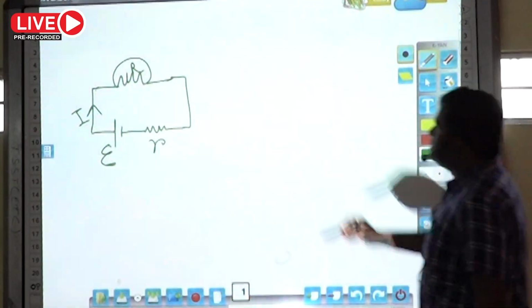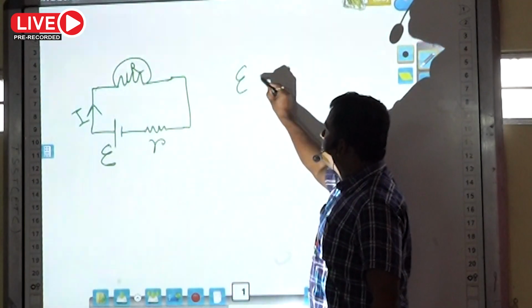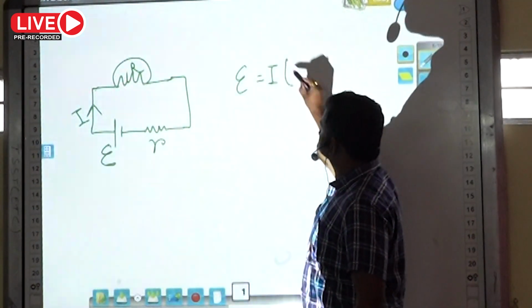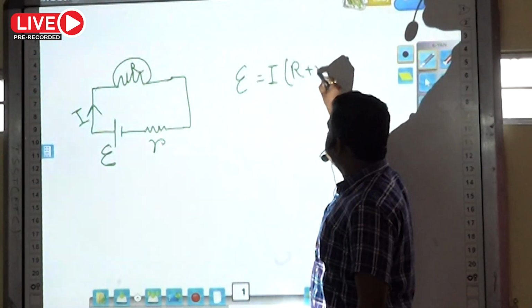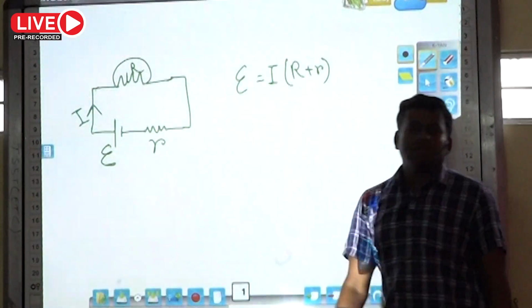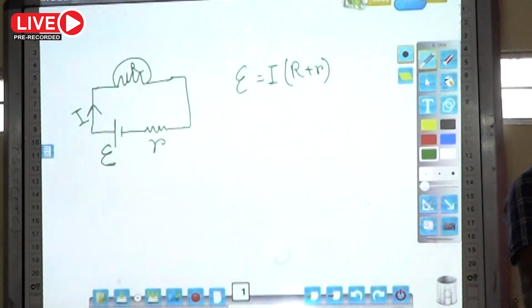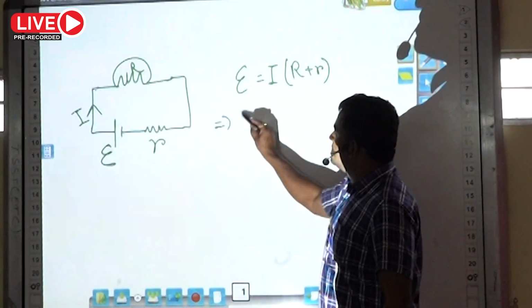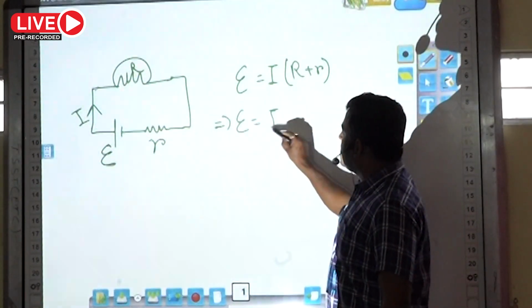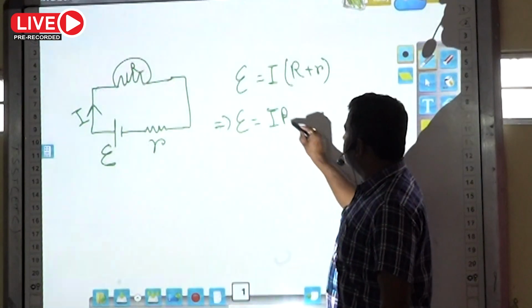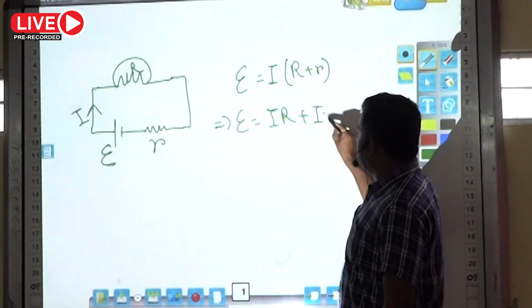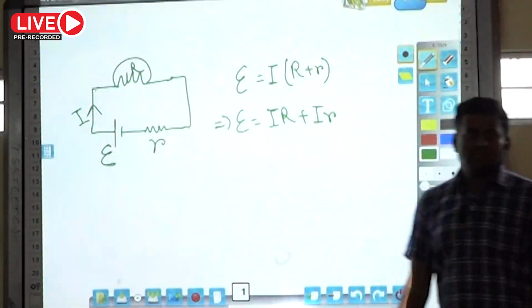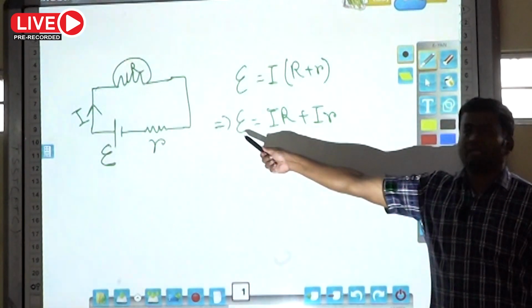Then according to Ohm's law you can write E equal to I into (R plus r). This can also be written as E equal to IR plus I into small r. So this is the stored chemical energy.